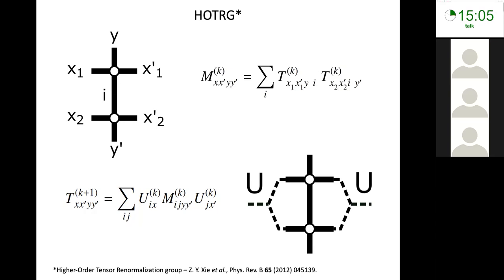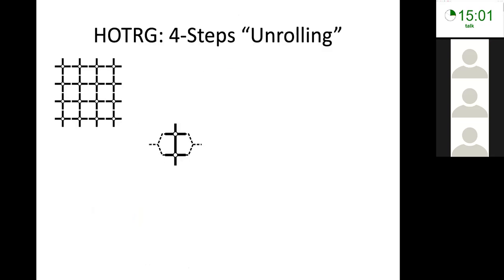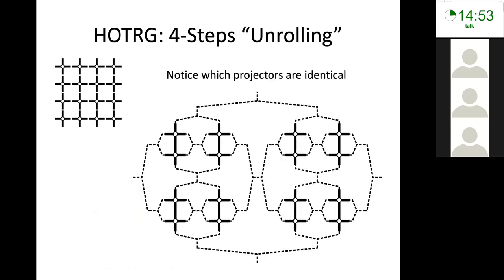Okay, so this would be 1 step of HOTRG. After 2 steps, we have this 2x2 cluster, 3 steps and 4. And we just need to take care of properly matching the adjacent projectors.